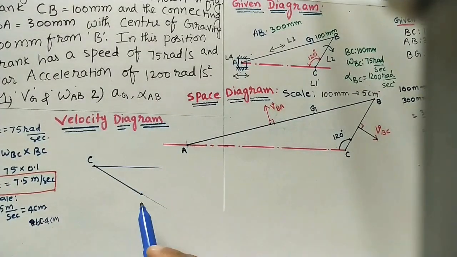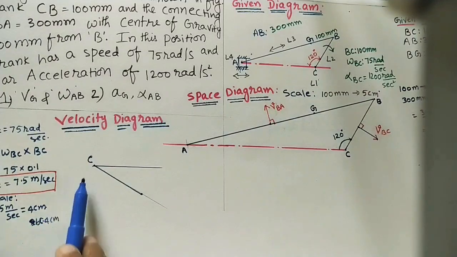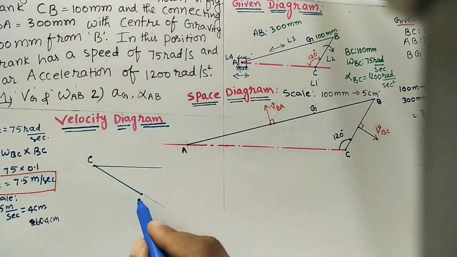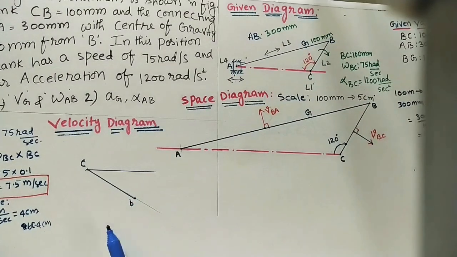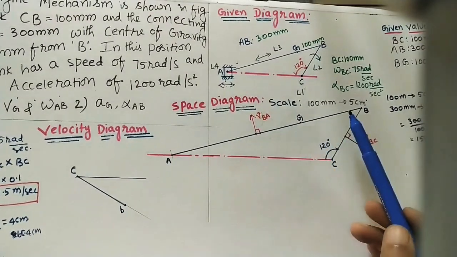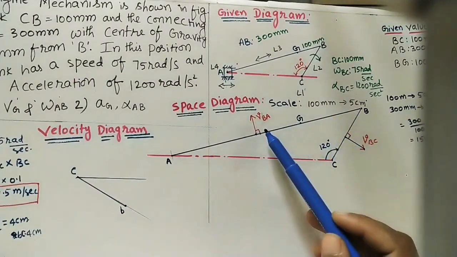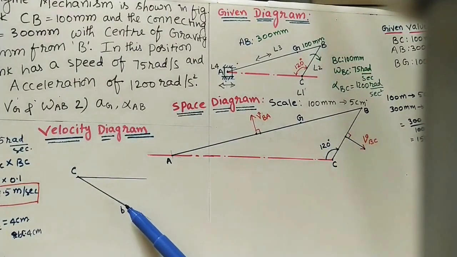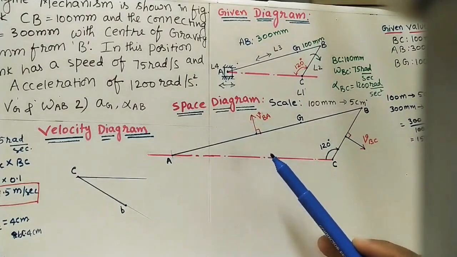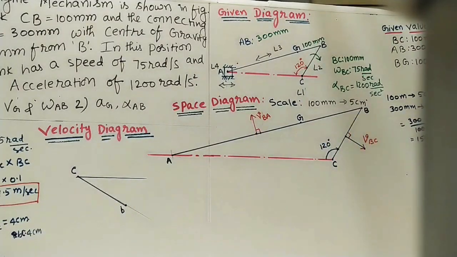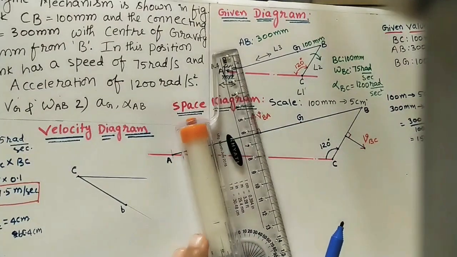Now give the small letter. So it is BC vector. Okay, already C we have marked, it is B. Okay, we are calling this a vector. After marking B, now the next velocity direction is in this direction. So it is AB velocity. We know B point. From B, do this direction. Okay, it will give the AB velocity. Keep this scale coincide with this line.